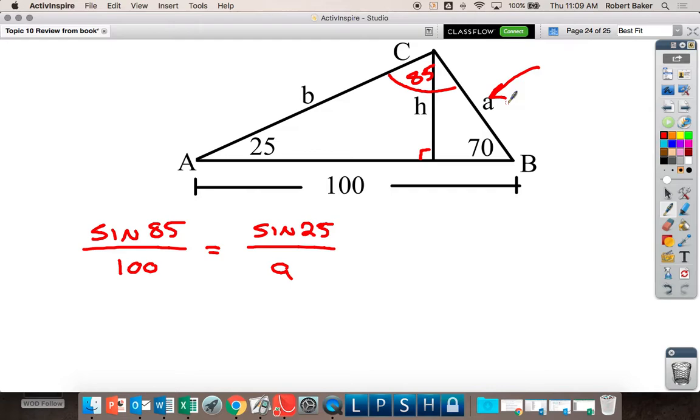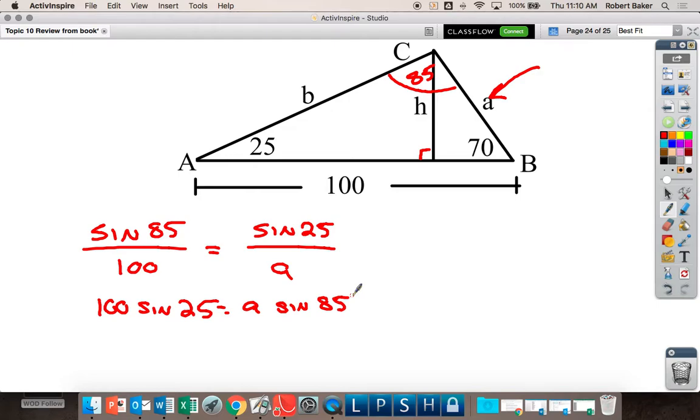As you cross multiply, 100 times sine of 25, 100 sine 25. Cross multiply the other direction, A times sine of 85, A sine 85. Okay, some of you guys are getting stuck here.